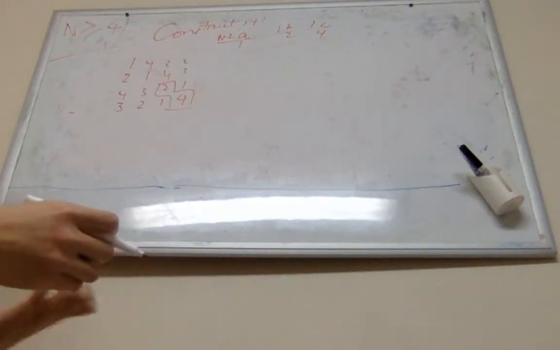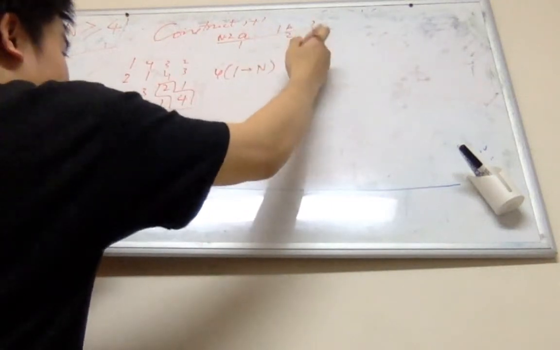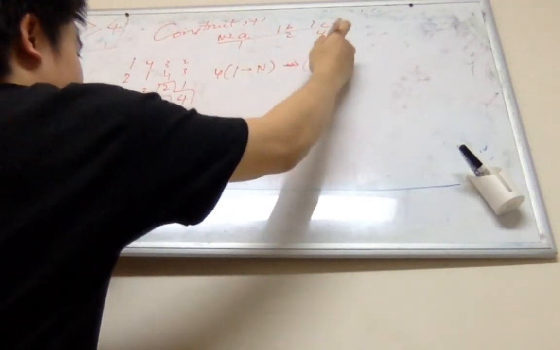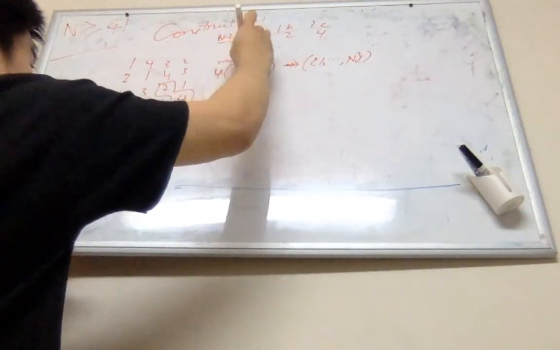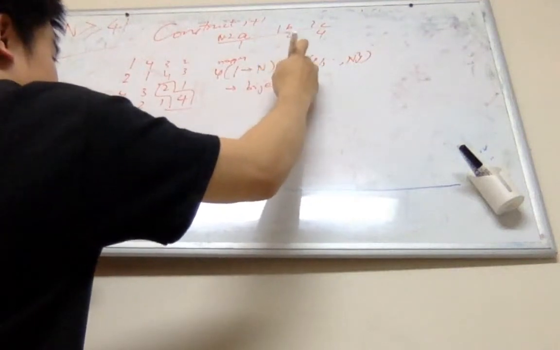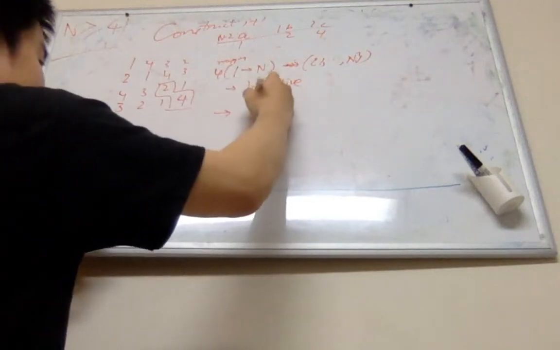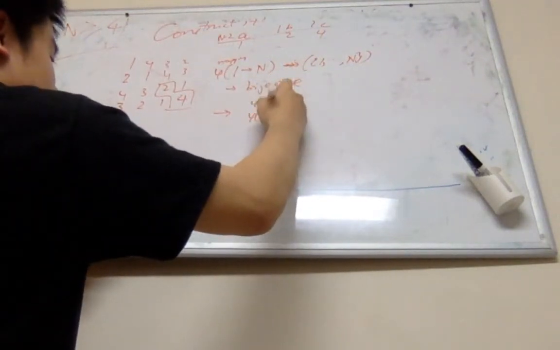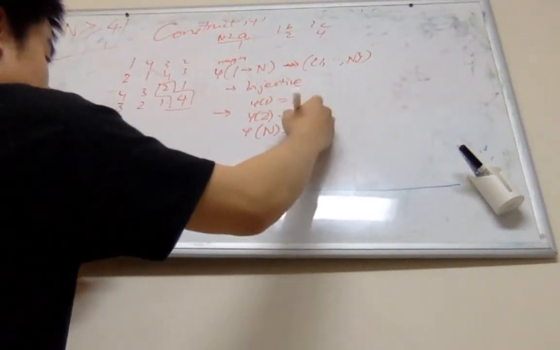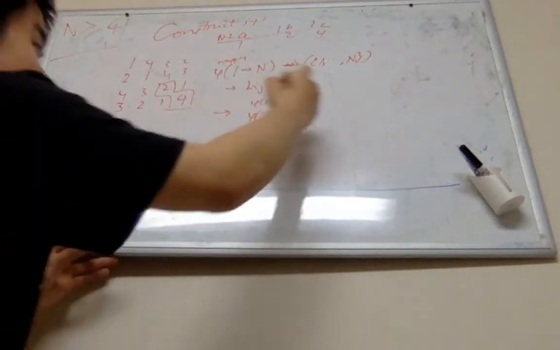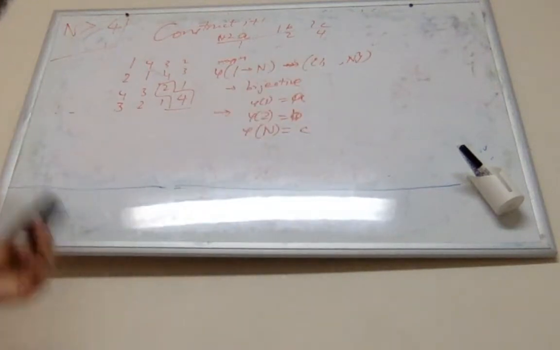Why? Because we can define a mapping from 1 to n, a mapping that exists such that it's bijective, and then 1 equals 1, 2 equals A, and n equals B. Sorry, this is A, this is... okay.